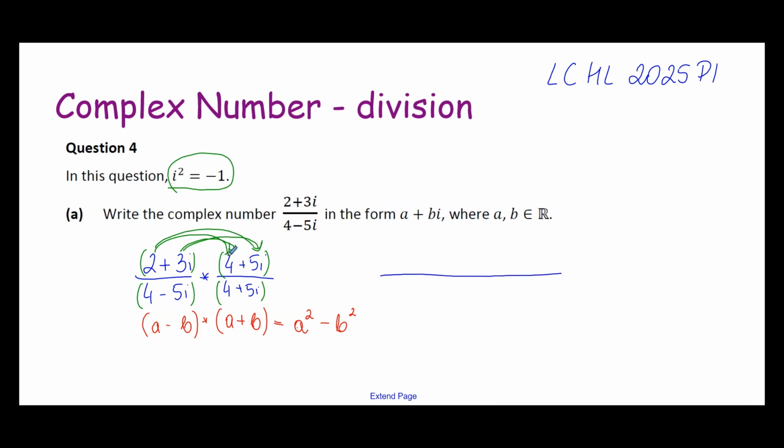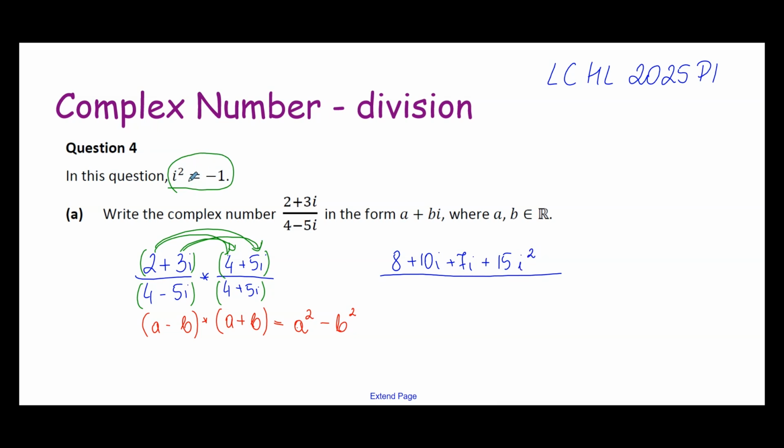Okay, so let's do our numbers. 2 multiplied by 4, that will be 8. 2 multiplied by 5i, that will be 10i. 3i multiplied by 4, that will be 7i. And 3i multiplied by 5i, so in this case 3 multiplied by 5, that is 15, and i multiplied by i will give me i to the power of 2.